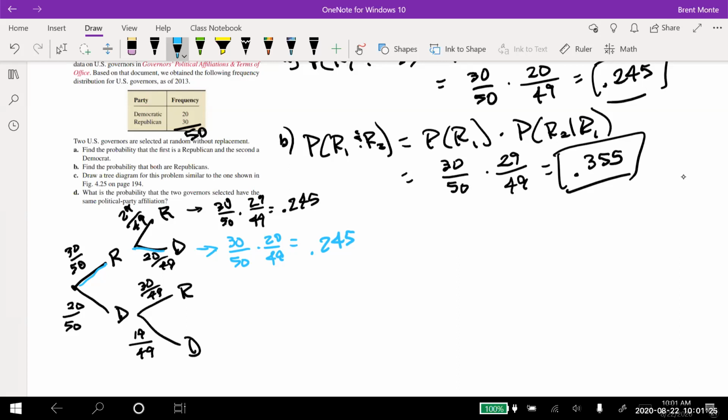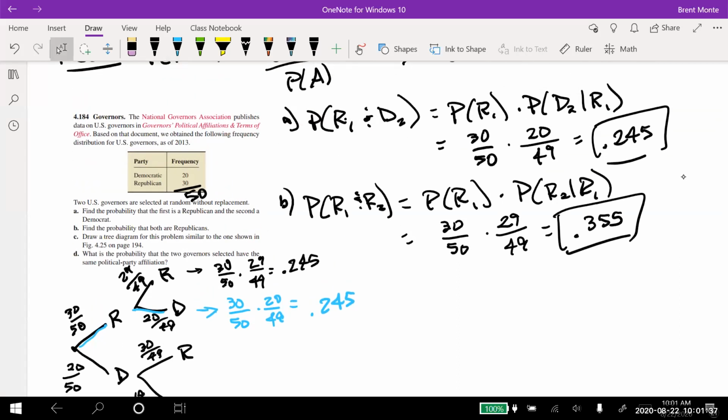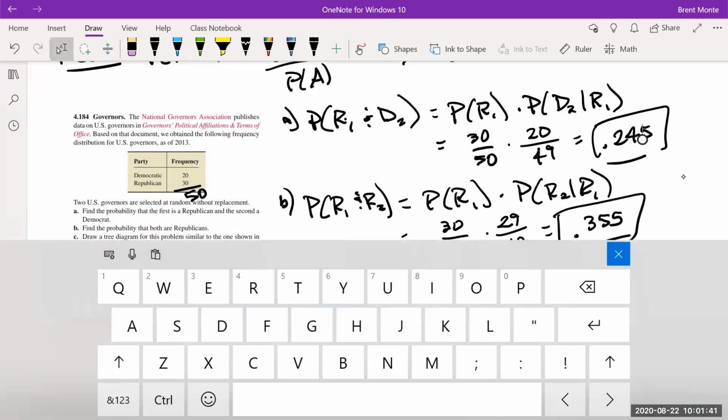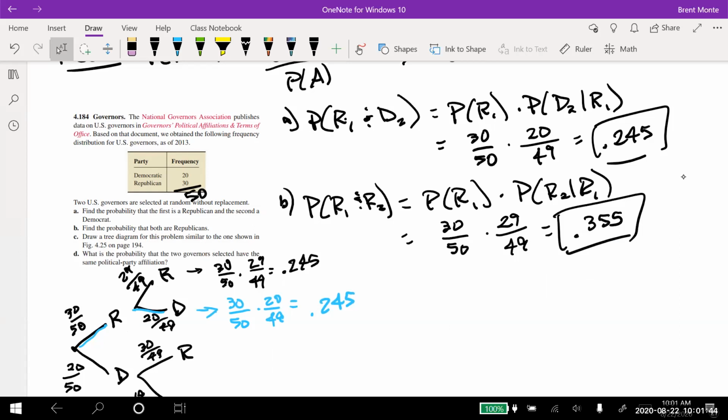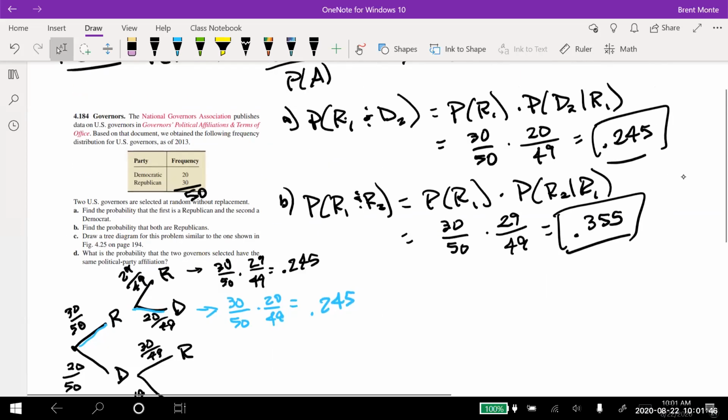Those cannot be the same answer. Let's see what I did. Oh, that's interesting. That was Republican first and Democrat second. I was just looking at the wrong number. So if I recalculate Republican, Republican, that should have been the 0.355. Oh boy.